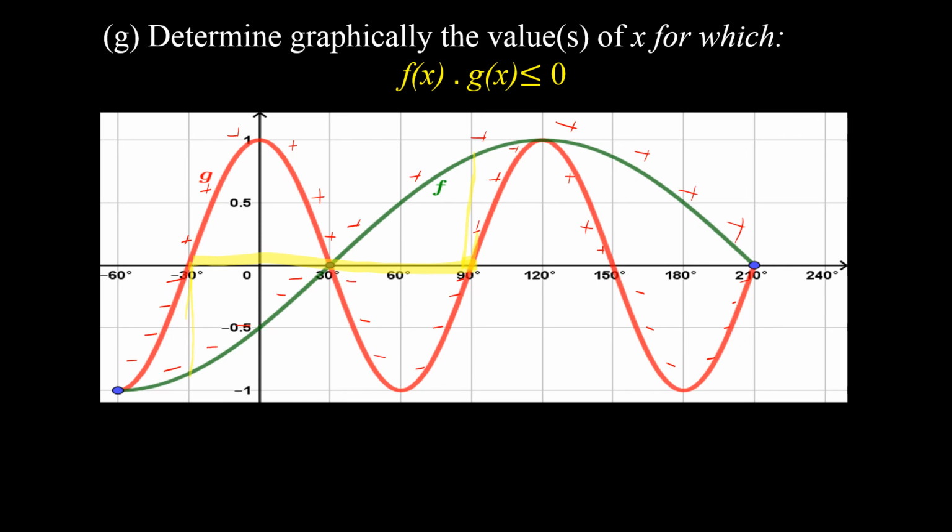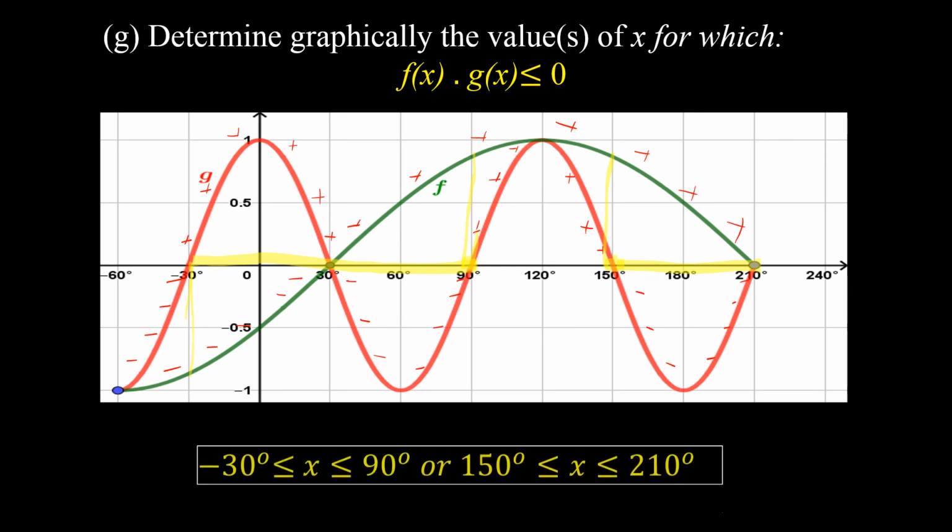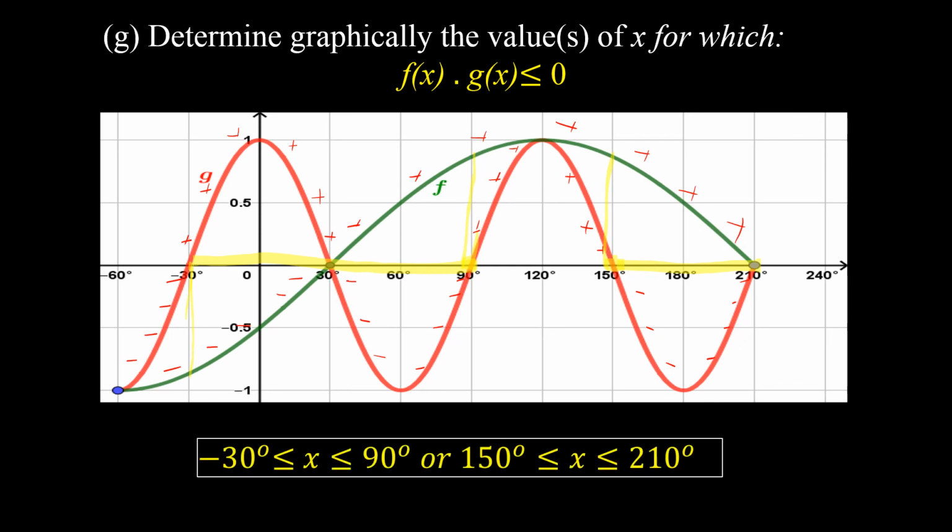Clear? What happens after that? Positive, positive, positive. But look at this, after 150 degrees, again we have positive and negative. So we want the negative answer up to 210. So these are the answers we want: from 30 to 90, and 150 to 210. Good people, if the question is again greater than or equal to, you think according to that. This is negative, less than or equal to 0.